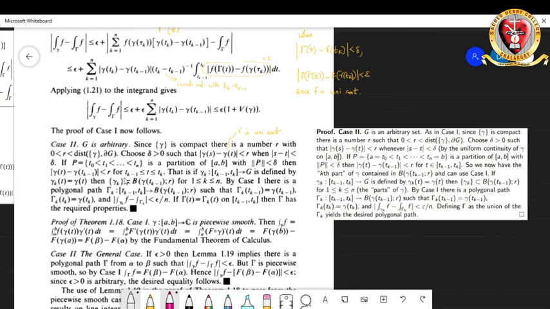So the kth part, gamma k, coming from closed interval tk minus 1 to tk, will be contained inside the open ball B of gamma of tk minus 1 comma r with r radius. And the function gamma k can be defined as gamma k of t is equal to gamma of t.